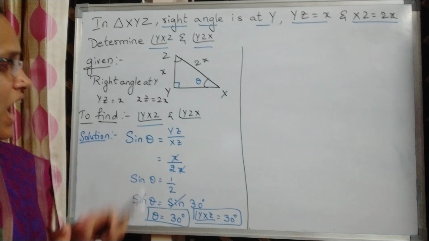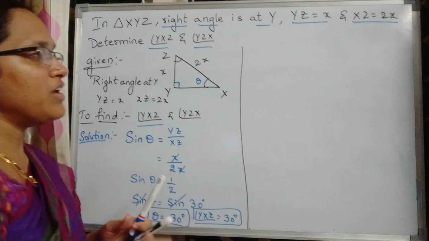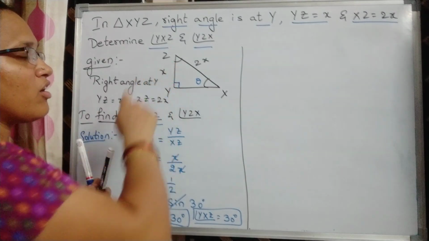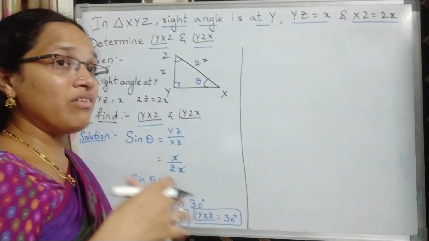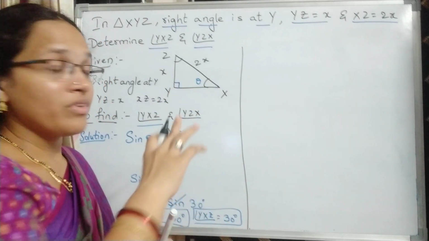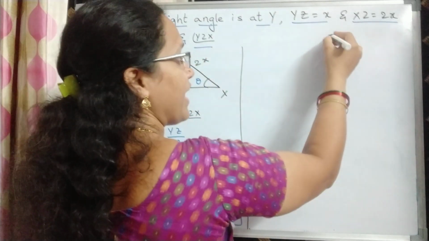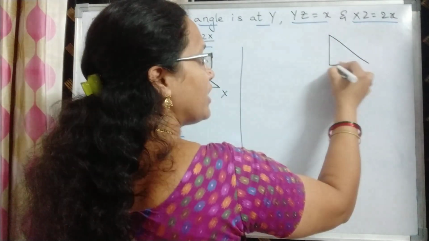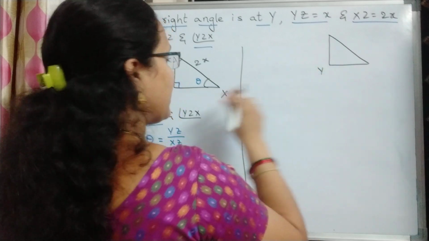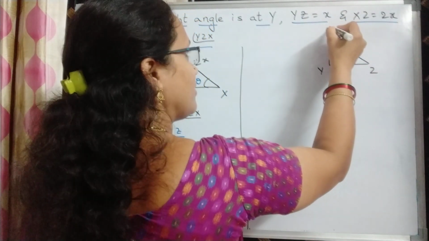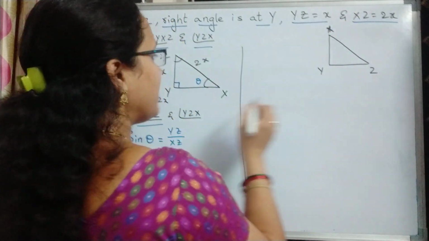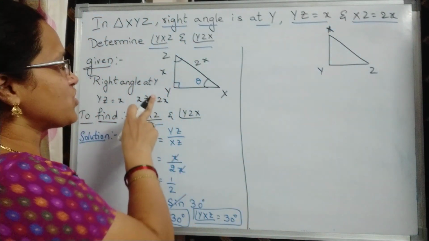Now, after finding one angle, we need to find the other angle. I think we learned in the first exercise how to change the vertices of the triangle. Can you recollect that? Write Y here, Z here and X here, and don't change the measurements, children.